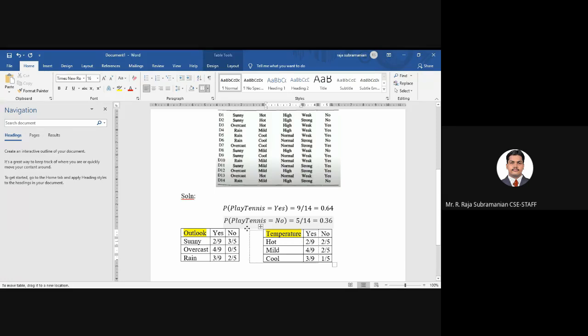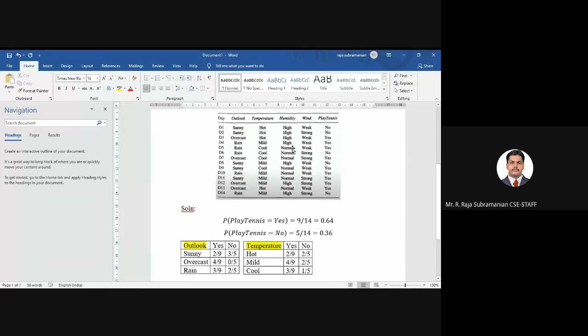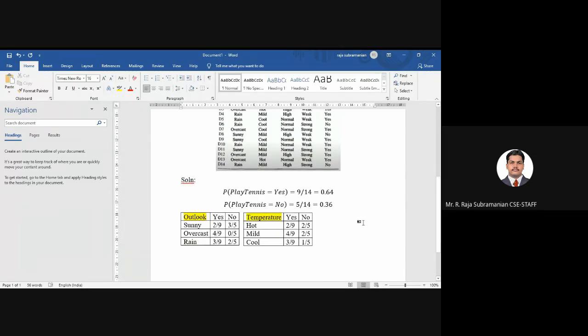So this is the next: given temperature is hot, what is the probability to play tennis given temperature is equal to cool? That is the thing we have brought over here. Now we'll go with the similar thing. Finally, still two more are there. The next one will be this particular humidity column. For humidity, I have high and normal.